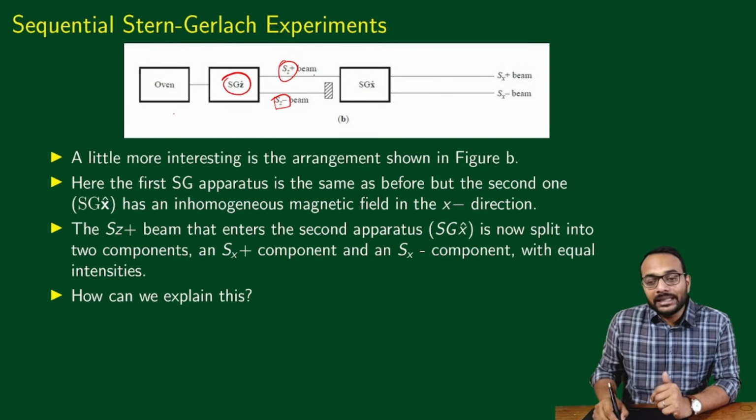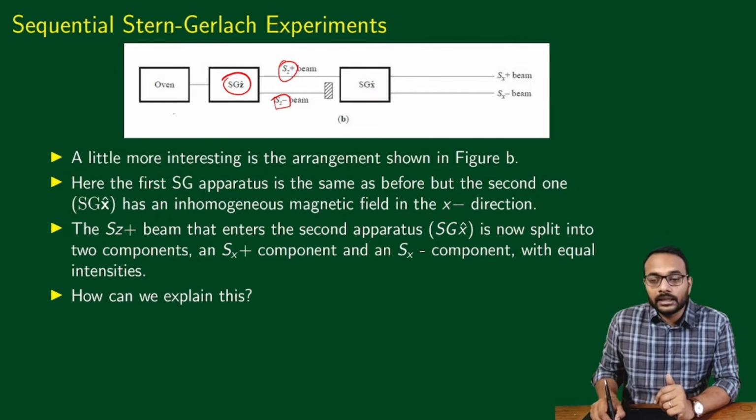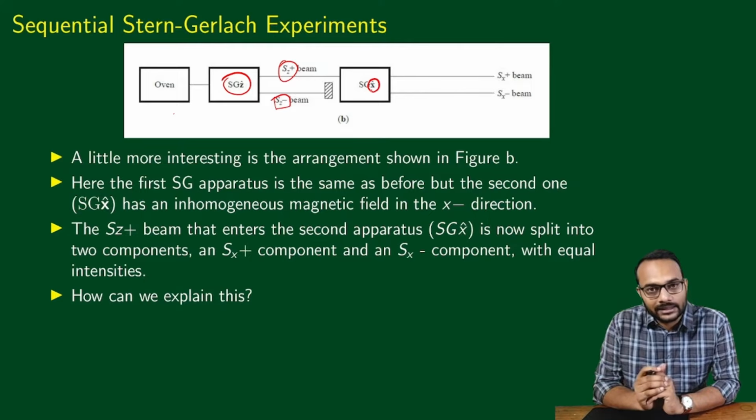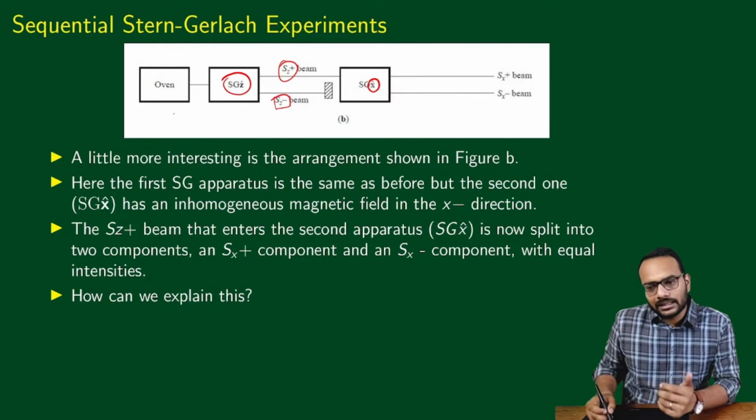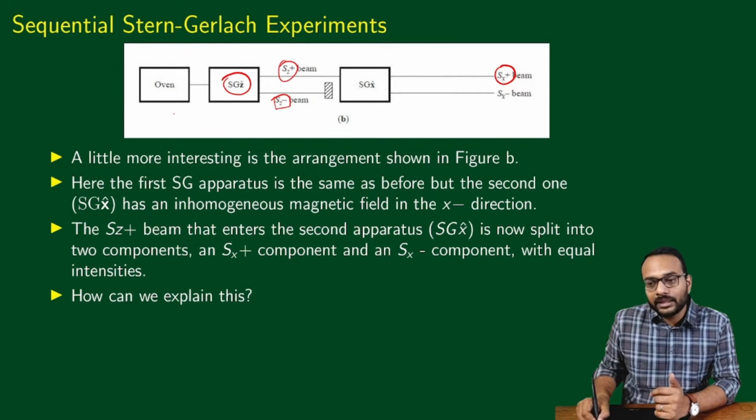Now instead of feeding this SZ plus beam into an SGZ hat apparatus, we feed it into an SGX hat apparatus. This x hat means that the magnetic field is now in the x direction. The result is that we get an SX plus beam and an SX minus beam.